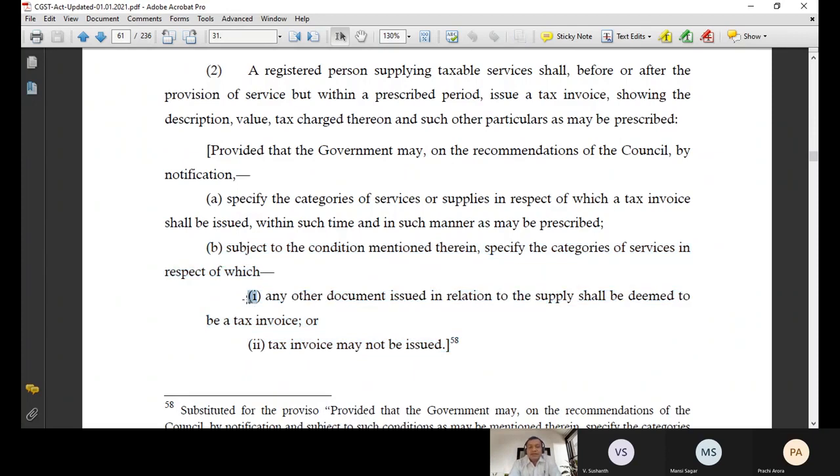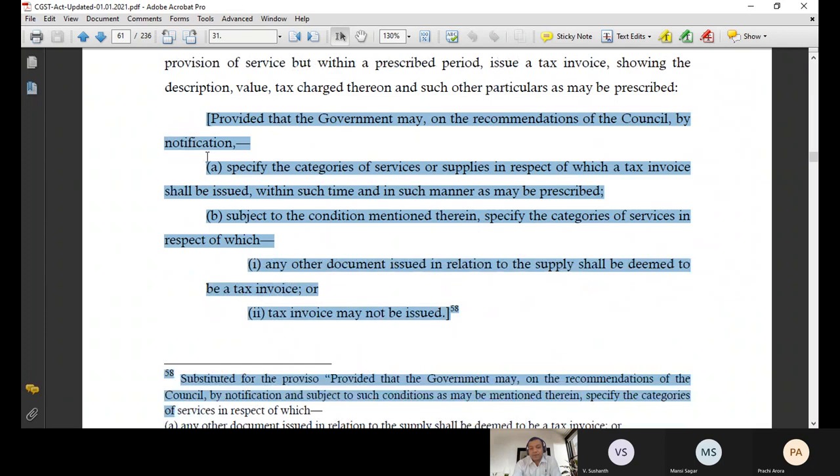As you can see, any other document issued in relation to the supply shall be deemed to be a tax invoice. So a document other than a tax invoice can be treated as equivalent to a tax invoice, or in fact the government can tell that in these services you do not need a tax invoice at all, or a tax invoice may not be issued. But these are exceptional cases, not normal.